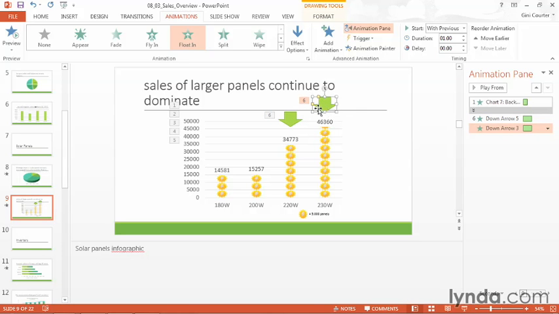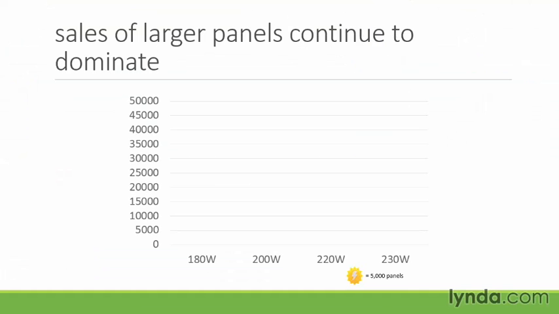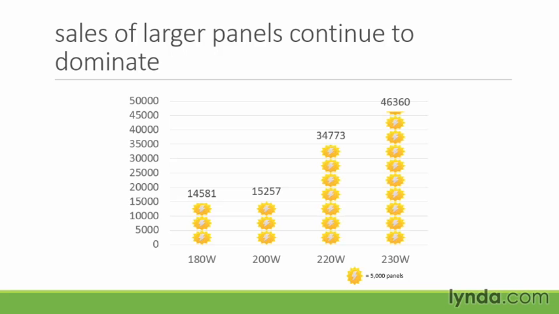You can always use your arrow keys to move those when they're selected. Let's see how this looks. So, here's our background. And I'll be talking about each of these points, our sales of 180 watt panels, 200 watt panels, and so on. But then I'll say, but the larger panels still continue to dominate.